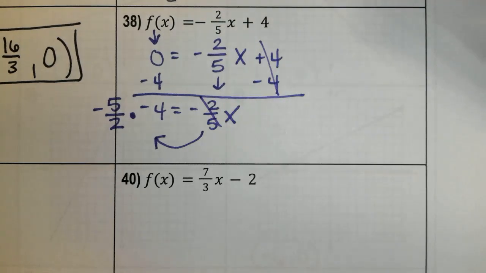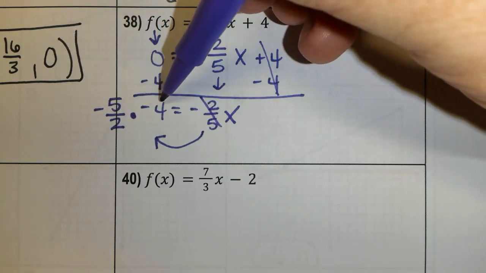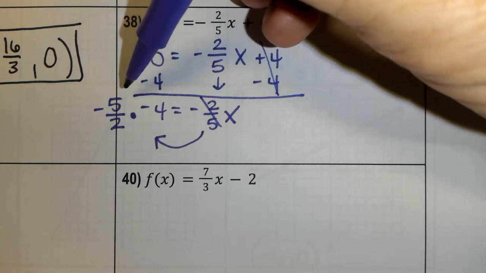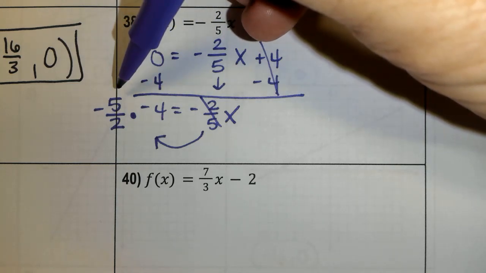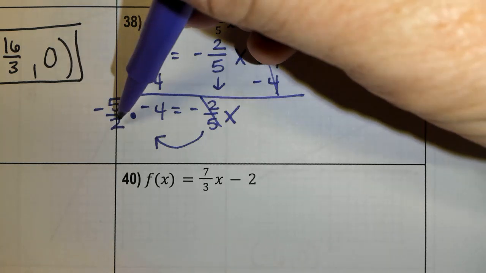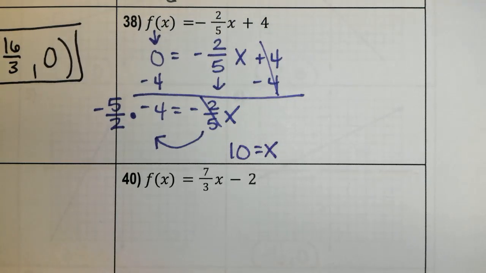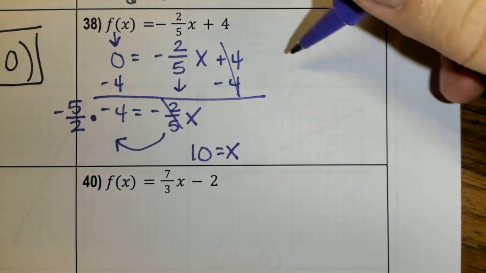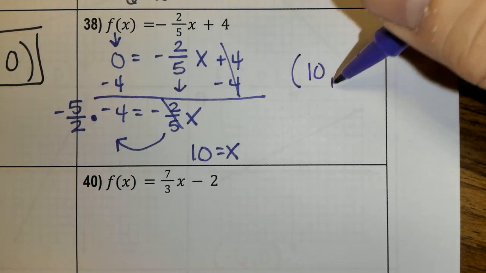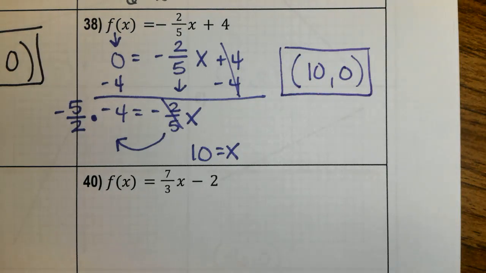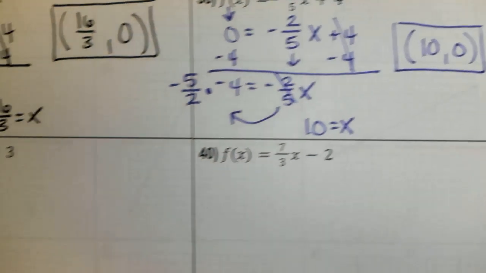That gets rid of this. So I start with the whole number, negative 4 times the top, negative 5. Negative 4 times negative 5 is a positive 20. 20 divided by 2 is 10. Pretty easy. Now that I have x, my answer becomes (10, 0). And that's it, and we can go to the next question.